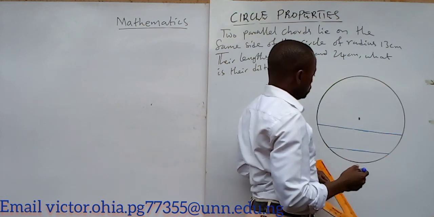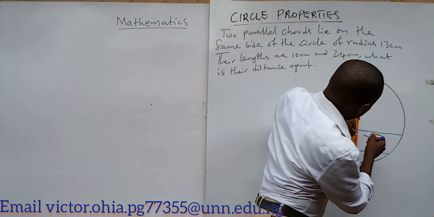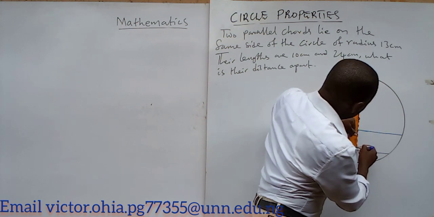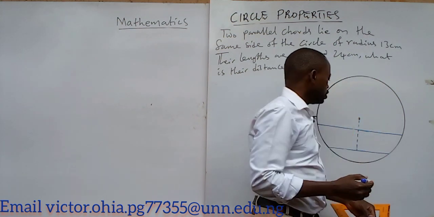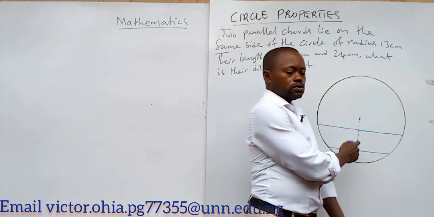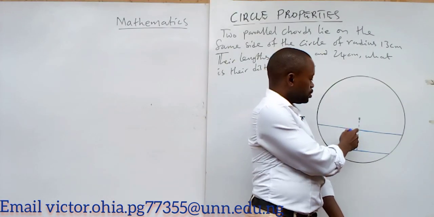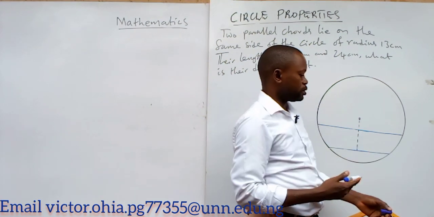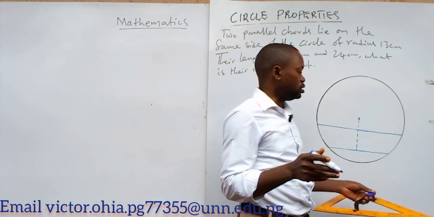Now you know, like we have discussed in some other theorems before now, any line drawn from the center of the circle perpendicular to a chord bisects that chord. That is, it divides that chord into two equal parts, and it's also at right angle to it.